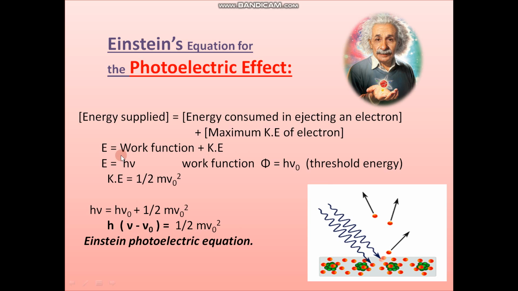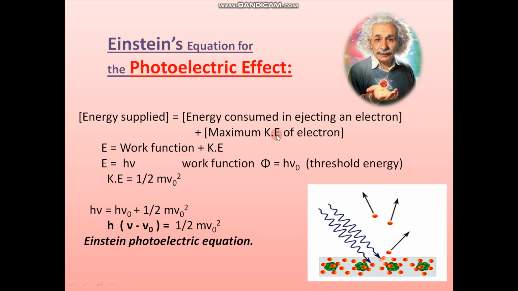Here E means h nu, and the work function is equal to h nu naught, where nu naught is the threshold frequency, the minimum required for the ejection of an electron.